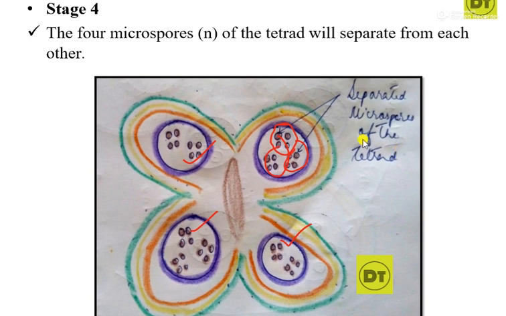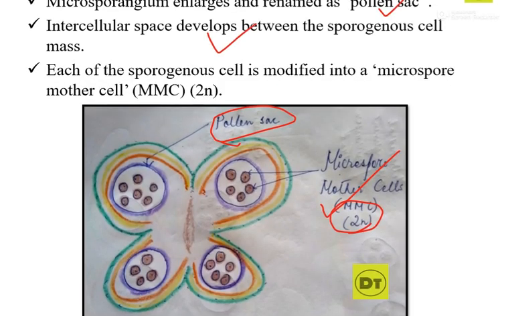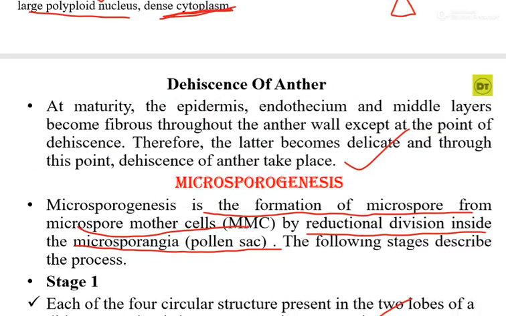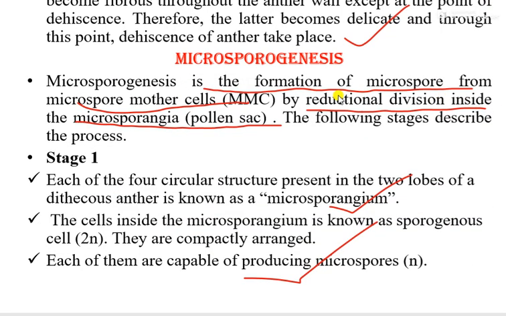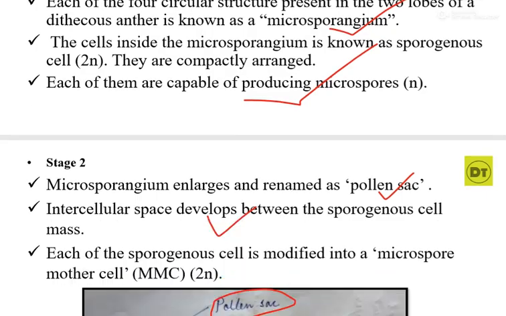It was formed within the microsporangium or pollen sac. So let's quickly move on to the definition. It says that microsporogenesis is the formation of microspores from the microspore mother cells by reductional division. Reductional division means meiosis, inside the microsporangia or pollen sac. Clear to you all? I expect that it is clear to you all.